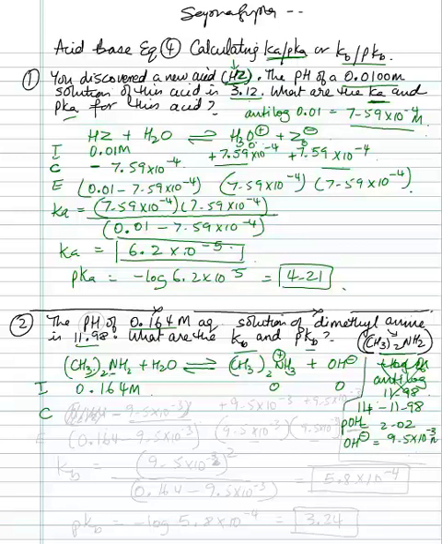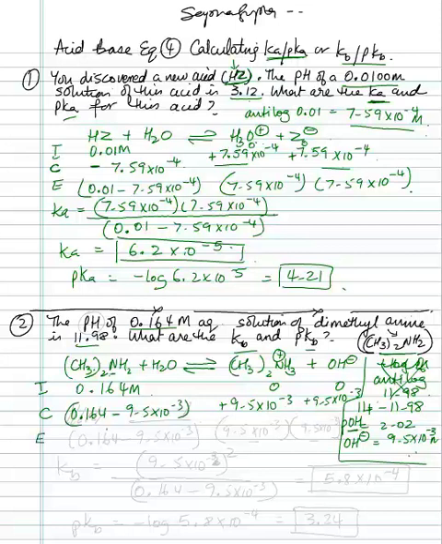I hope you got all of that. First I calculated the pOH and then calculated the hydroxide concentration, the antilog of 2.02. So my changes are going to be 9.5 times 10 to the negative 3 for each of the products, those are my new concentrations. And for the base, it's going to be 0.164 minus 9.5 times 10 to the negative 3.